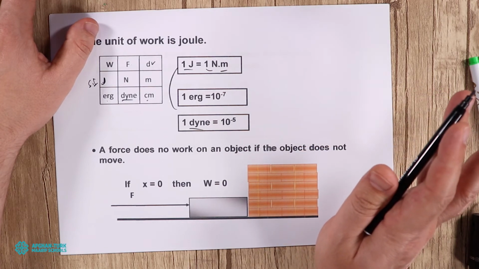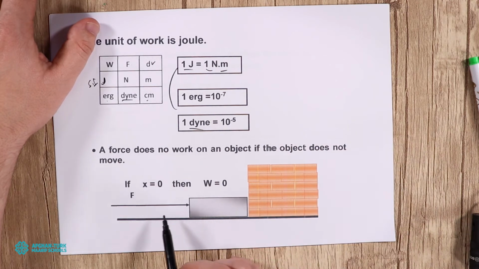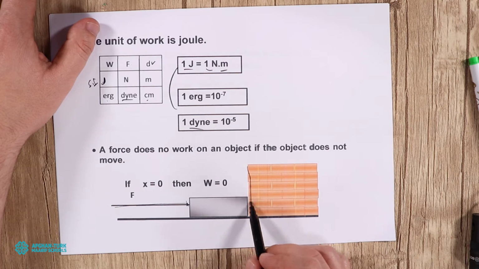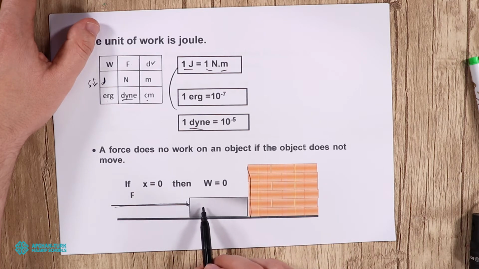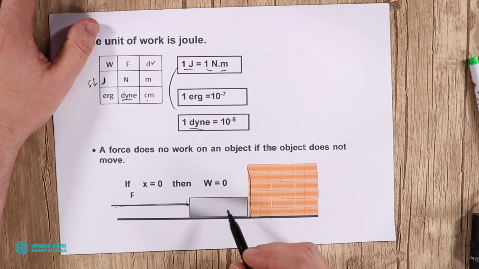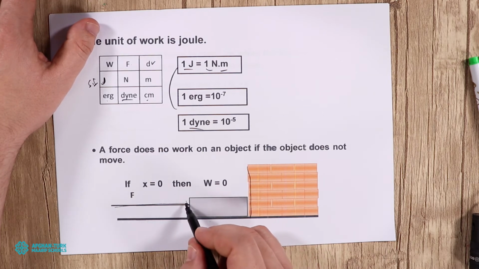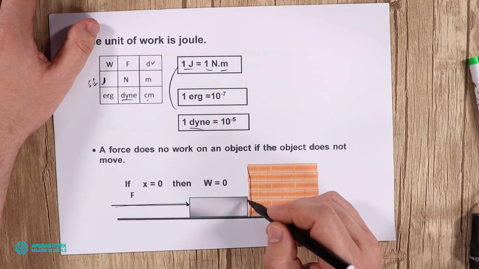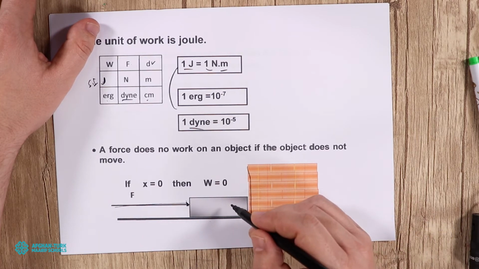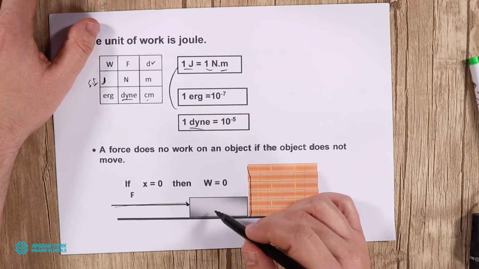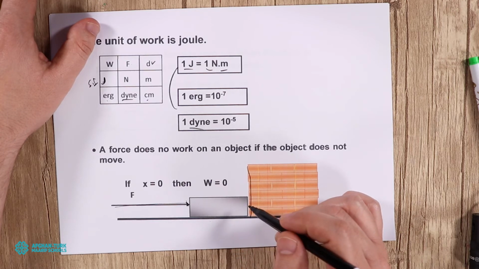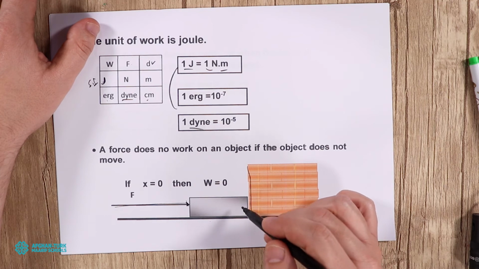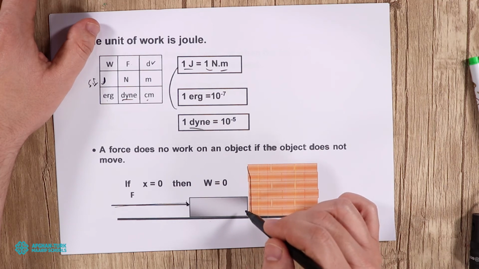For example, we apply force on this object but there is a wall, and the object cannot move further from this place. Our force is wasted, because displacement is not covered by the object. So when the displacement is 0, the work done will be 0.